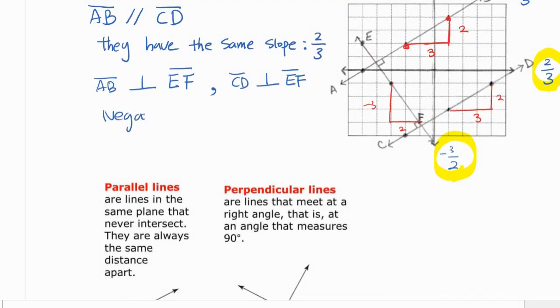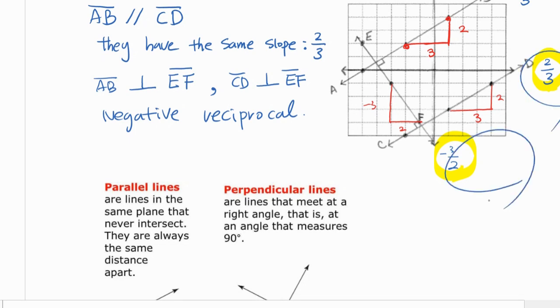Alright? So I want you to write it down first. If it is negative reciprocal, when you multiply those two numbers, you get -1. Let's test it. 2 over 3 times -3 over 2. Then cancel, cancel, cancel, cancel.